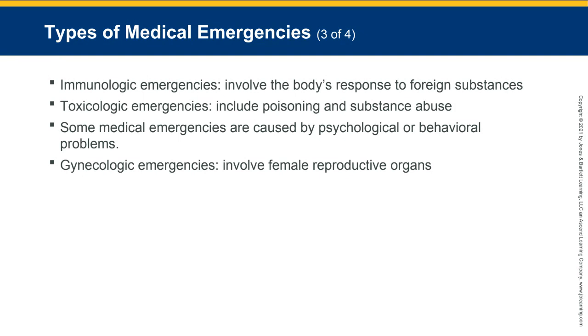Some medical emergencies are caused by psychological or behavioral problems. That's psychiatric emergencies. Gynecologic emergencies will involve female reproductive organs. That's all the emergencies or all the chapters that we will cover in the medical module.